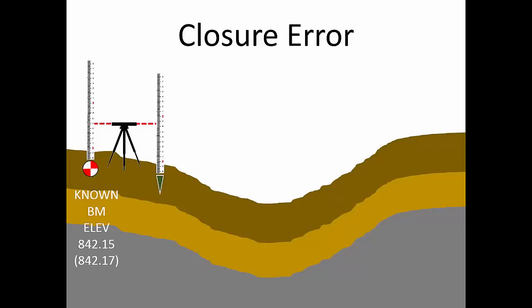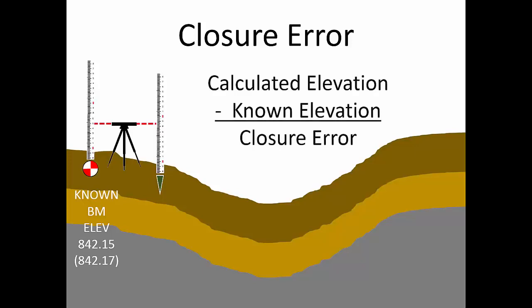Now, to compute closure error, we're going to subtract the known elevation from the calculated elevation at the benchmark where the level circuit ends, which you can see over here on the left. Starting with the forward run and returning to the known benchmark on the reverse run, we calculated the ending elevation to be 842.15 feet.